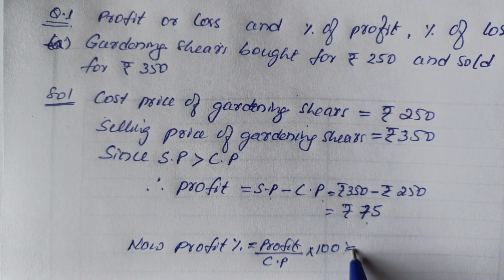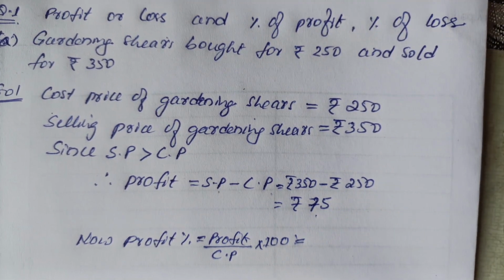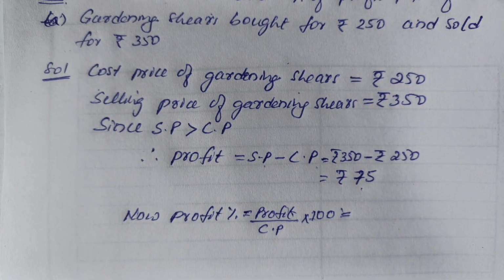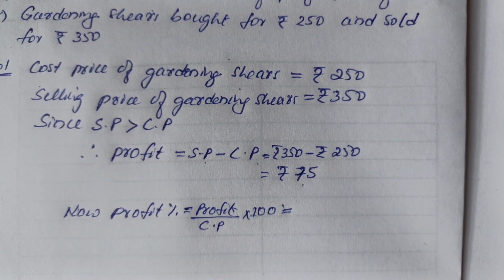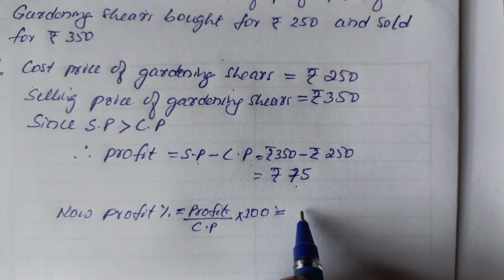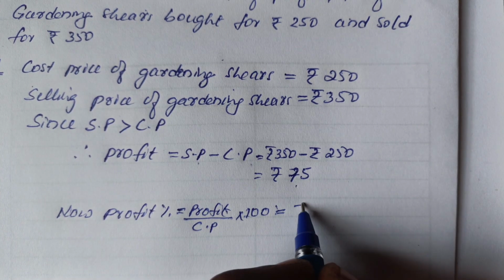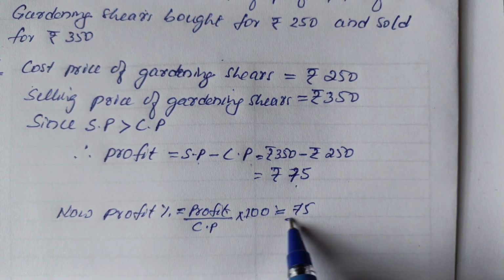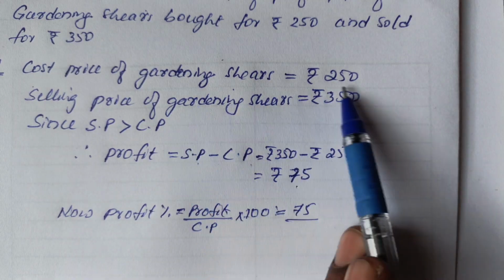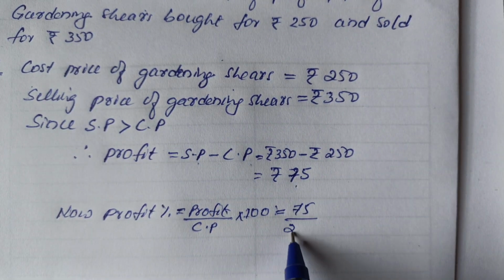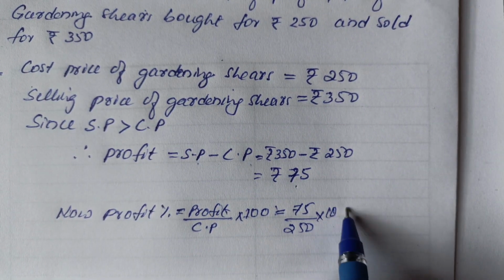So we can calculate. Let's see what is the profit we got. We got a profit of 75 rupees. Cost price is 250. Just write 250 into 100.